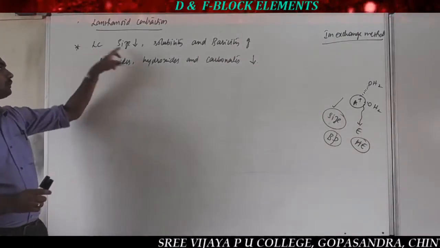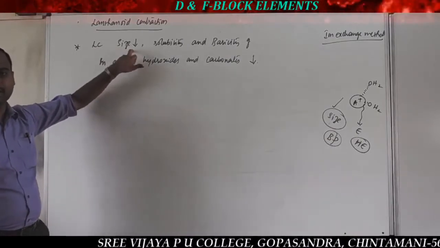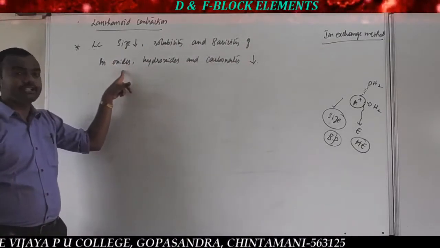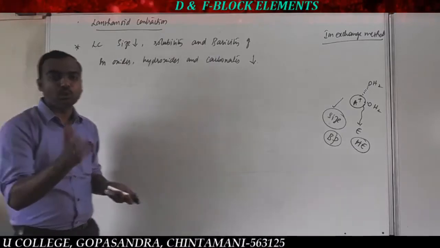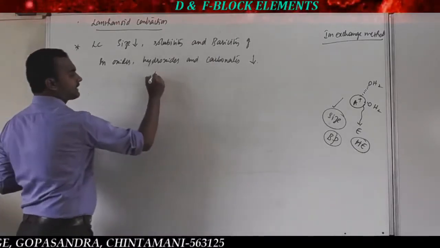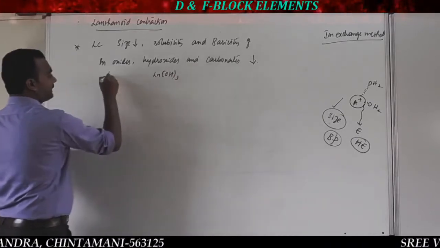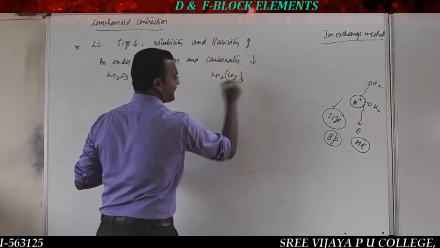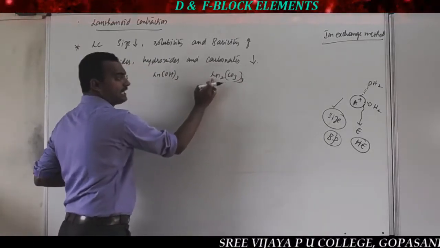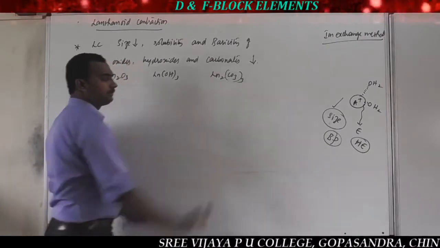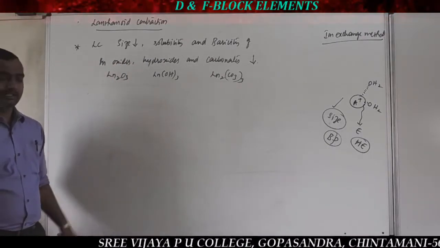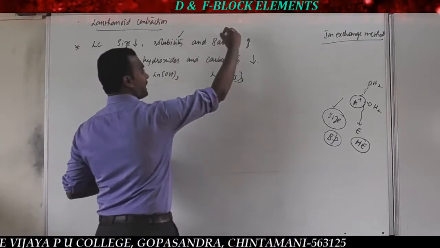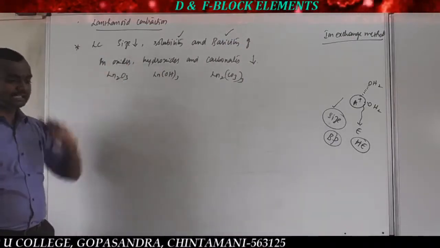The general formula for lanthanide oxide is Ln2O3, for hydroxides it is Ln(OH)3, and for carbonates we write Ln2(CO3)3. Carbonate has the charge -2 and the oxidation state of lanthanide is +3, so the formula becomes Ln2(CO3)3. So the solubility and basicity of lanthanide oxides, hydroxides and carbonates also decrease as the size decreases.